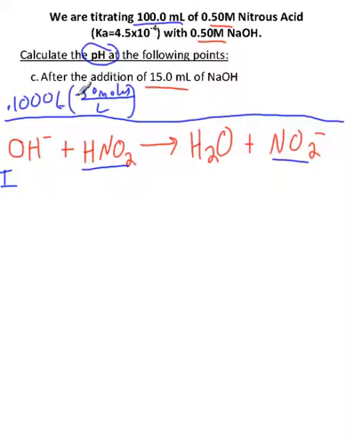So in other words, for my acid, I have 0.100 liters times 0.5 moles per liter, or 0.05 moles. Now, 0.05 moles would be, with the appropriate number of significant figures, 0.050 moles of this.